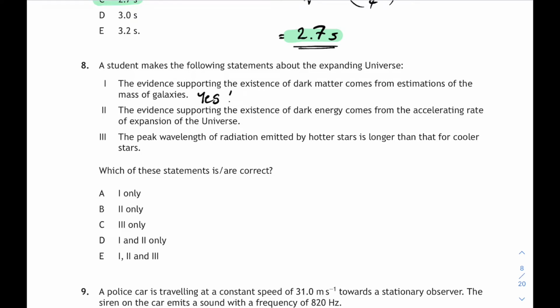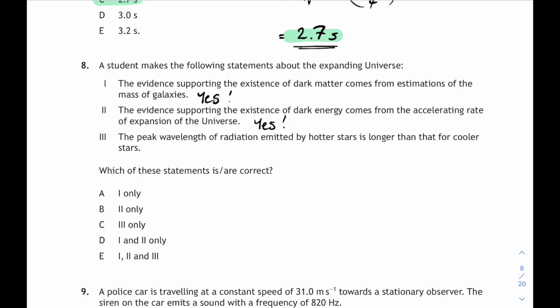Statement 2. The evidence supporting the existence of dark energy comes from the accelerating rate of expansion of the universe. Well, yes, that's true as well. We can now detect that the rate of expansion of the universe is increasing, and we don't know what's causing that, so scientists have given it the name of dark energy.